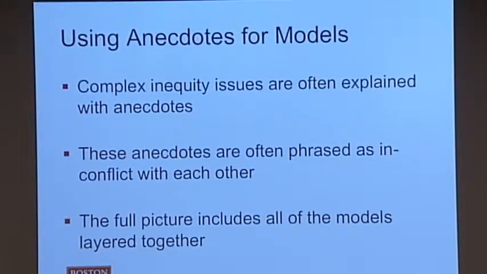So the model I developed is a layered system with four layers, and each layer has a model and then an anecdote. For my presentation, I just chose one inequity to talk about, but for my actual thesis, I discussed a lot of inequities and applied the model to them.